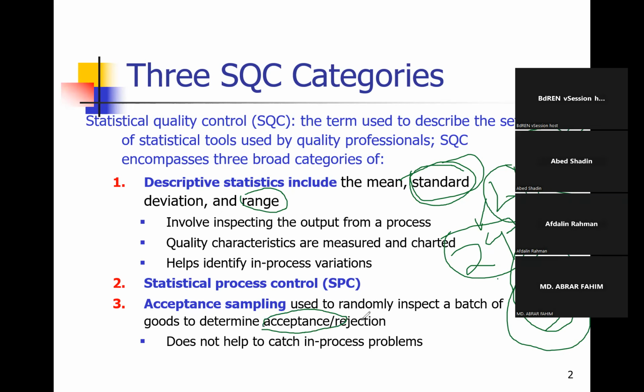It is known as acceptance sampling. Or based on that calculation, you will reject it because the products are not of good quality. Acceptance sampling is used to randomly inspect a batch of goods to determine whether the batch is acceptable or not acceptable.